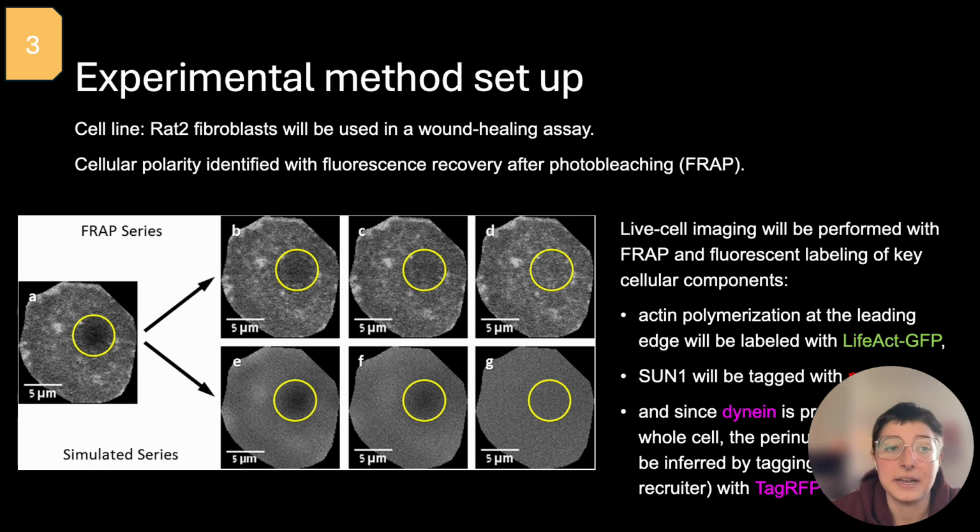My experimental setup will be, and this is all fake because we're not actually going to do the experiment, but say I would use the Rat2 fibroblast cells. They're really well suited for this study due to their robust responsiveness to experimental conditions.